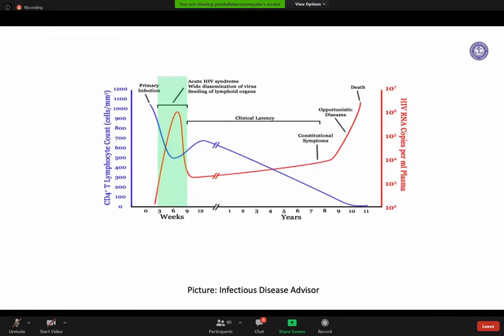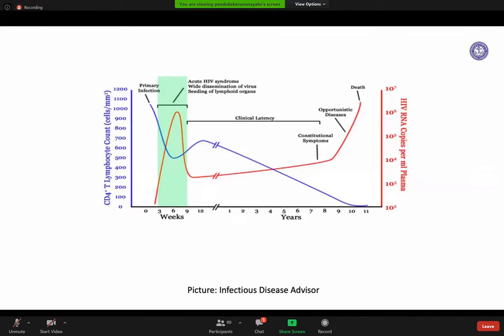After the green area, in the clinical latency period, the more towards the right-hand side, the more you can depend on the antibody test, and the more towards the left-hand side, the more you must do the PCR and antigen test also. But how do you know whether a patient is in the right-hand corner or the left-hand corner in a given situation? That is very difficult to say.